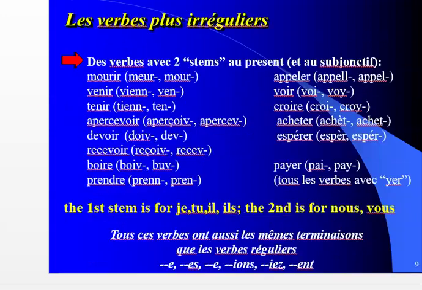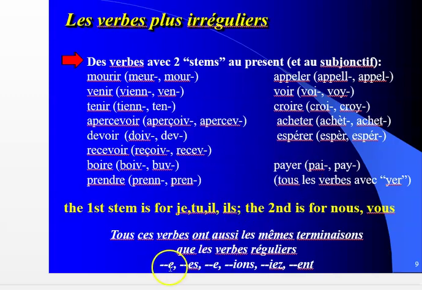So let's go back to this slide. All the verbs here work like that and have two stems. The first stem that I give you in parentheses is for je, tu, il, and ils in the subjunctive, and the second one is for nous and vous. Again, the nous form of the verb in the present, you use that stem for nous and vous. And the ils form of the verb in the present, you use that stem for je, tu, il, and ils in the subjunctive.